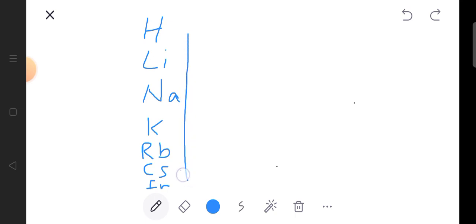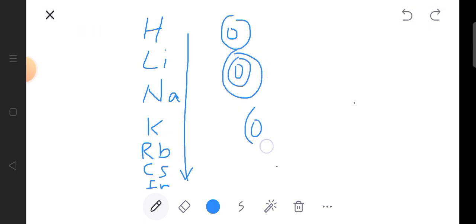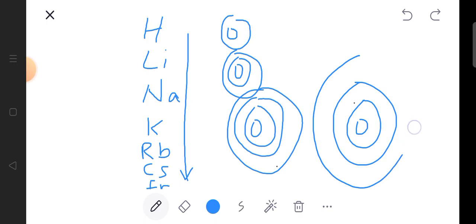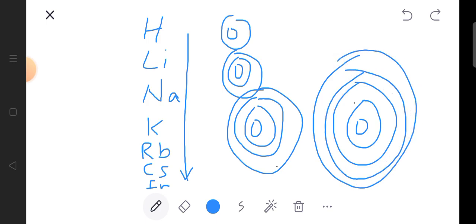As we move down the group, the number of shells increases, and due to the increase in the number of shells, the presence of inner electrons between the nucleus and the valence electron increases. This presence of inner electrons causes a decrease in the attraction of the nucleus towards the valence electron.